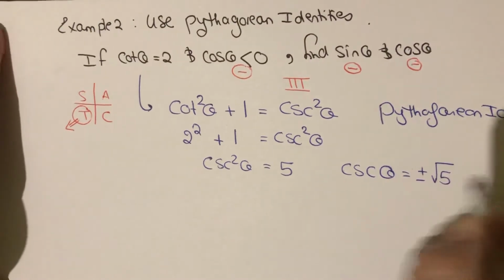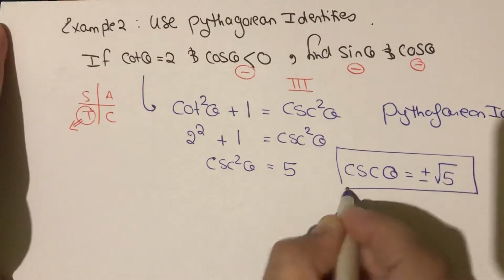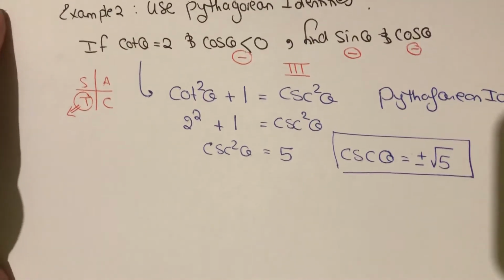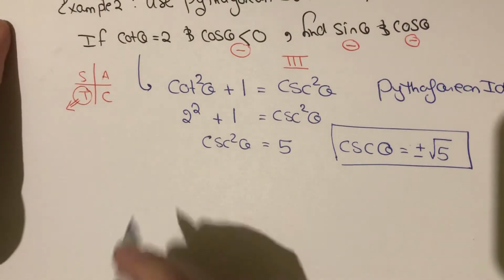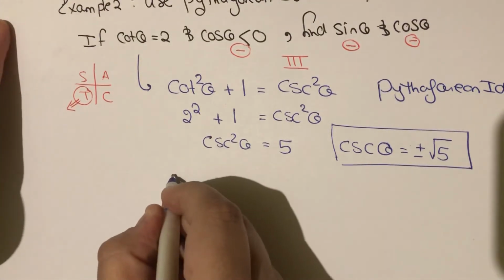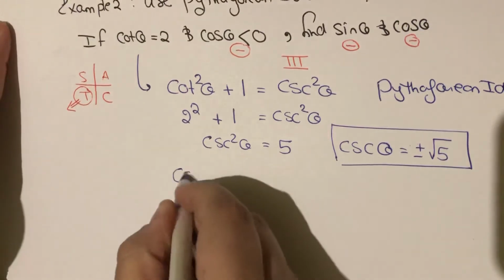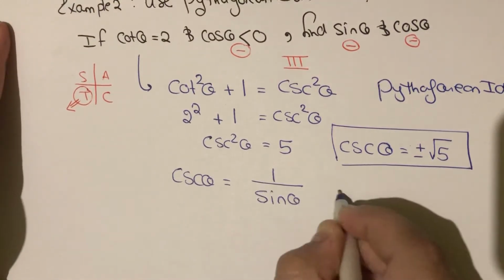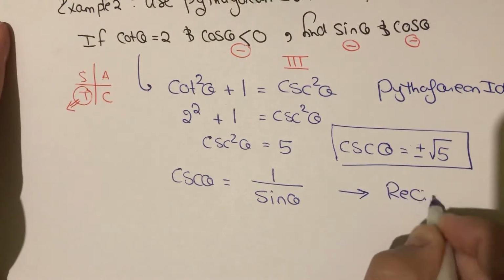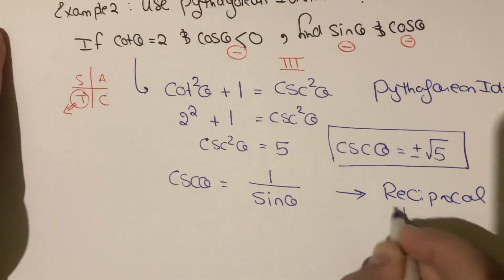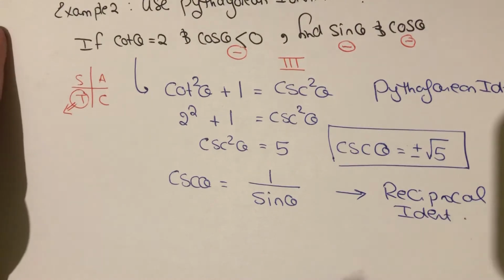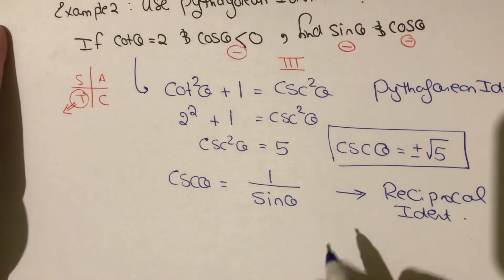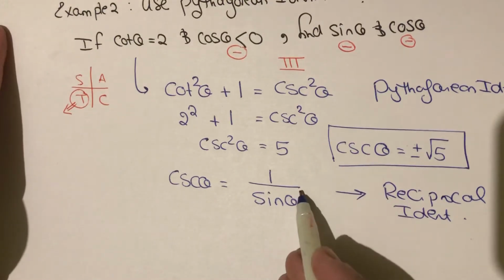How will this be useful to me? I will go with the cosec to one of the reciprocal identities, which says that cosec theta is equal to 1 over sine theta. And this is a reciprocal identity, right? Because I want to find sine. I don't want to find cosec, but it can help me get the sine.